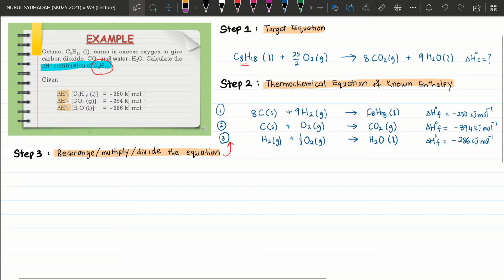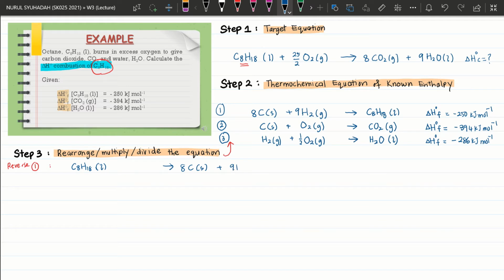So what you need to do, to get octane on the left hand side, is to reverse equation 1. Once you reverse equation 1, straight away write down the equation. Right now the equation will be C8H18 liquid to produce 8 carbon plus 9 H2.